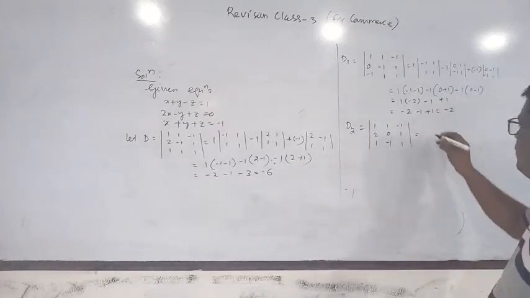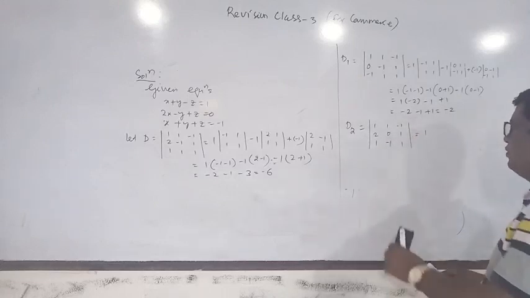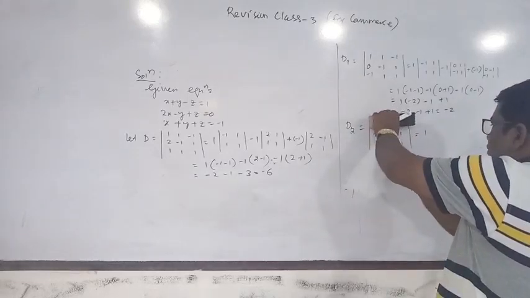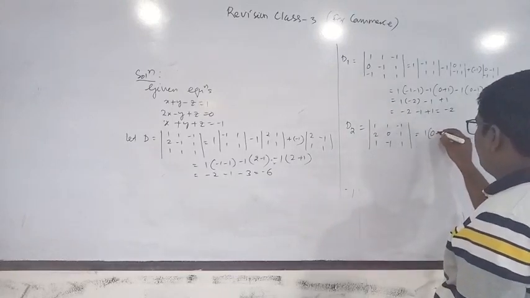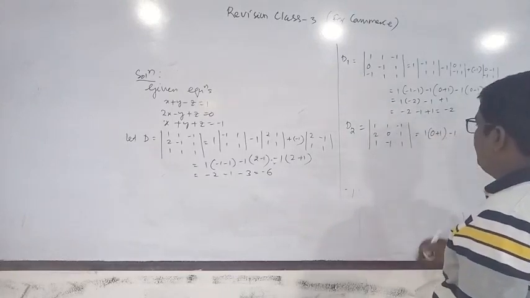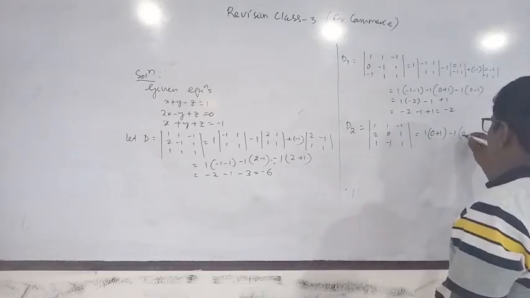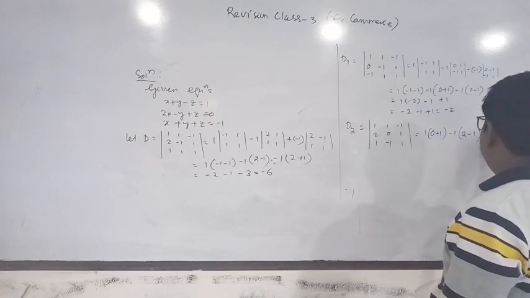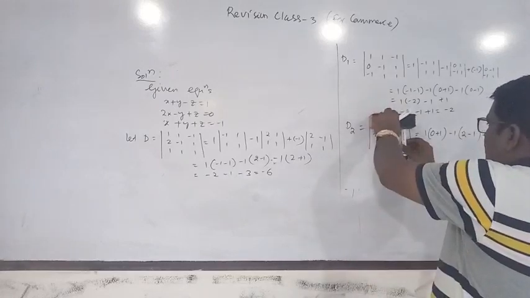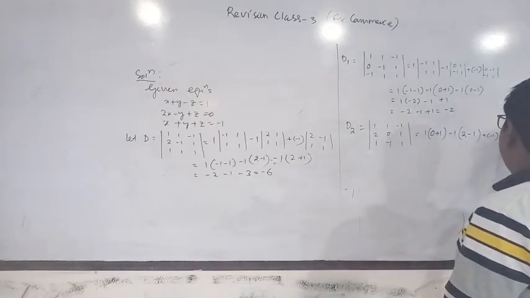1 into, got this, we will do directly. So got this and this, 0 into 1 0 plus 1. Okay, and minus 1 into got this 2 minus 1, I will do directly. And plus or minus 1 into 2 into minus 1 minus 2 0 minus 2 comma 0.